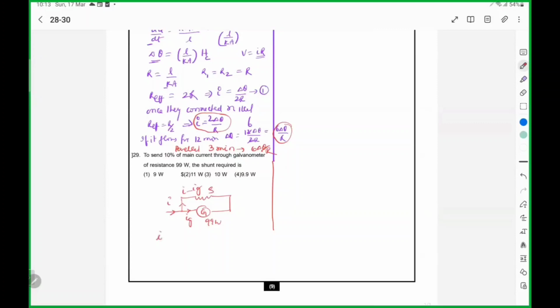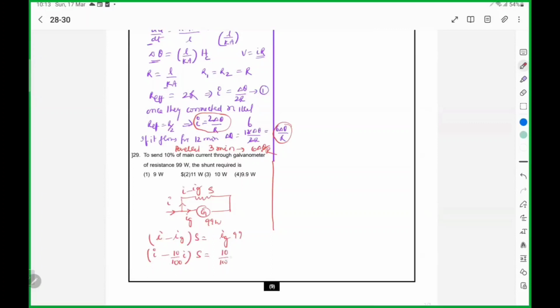So shunt resistance, I minus IG into S equal to IG into 99. 10% of main current, that is main current is I, 10% of current through galvanometer.